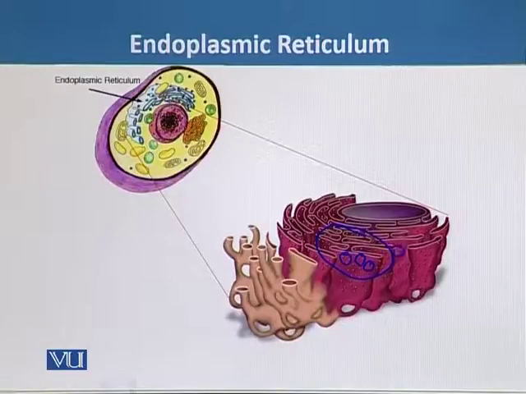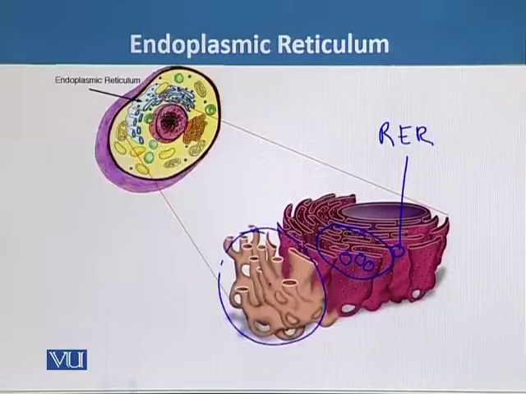So due to the presence of these particles, which are ribosomes, it is called rough endoplasmic reticulum. On the other hand, there is a part of the endoplasmic reticulum that is devoid of these ribosomes. So we can see here there is no ribosome present on this part of the endoplasmic reticulum. So it is called smooth endoplasmic reticulum.